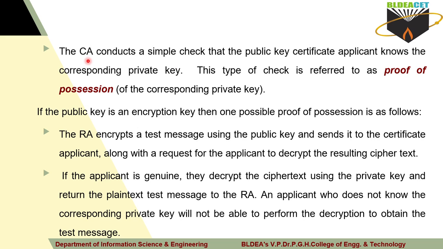So the next question is how you prevent such types of problems. To prevent such attacks, the CA will conduct a simple check that the public key certificate applicant knows the corresponding private key. This type of check is referred to as a proof of possession of the corresponding private key. Because as we know, the private key is known by Alice only. Alice only knows the private key, and Alice's public key and verification key are public. Remaining others can also know it.